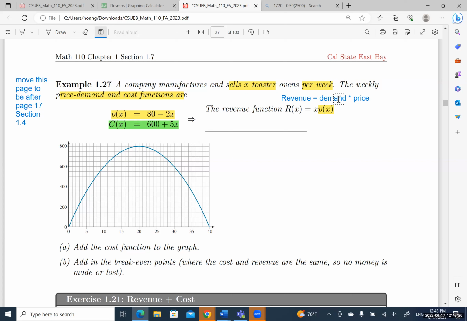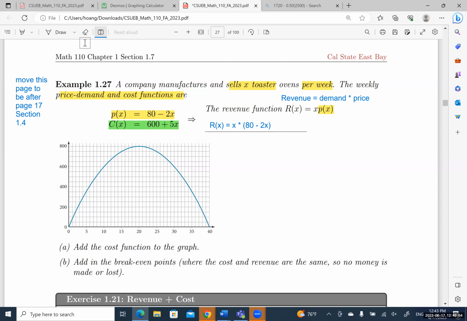In here, as you see, demand was x and price was P of x as a function that you are given. So you can substitute the P of x there and make the revenue function: x times P of x, which changes to x times 80 minus 2x, right?